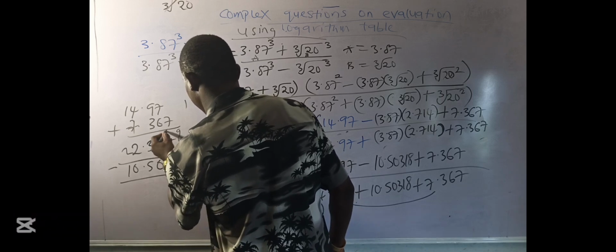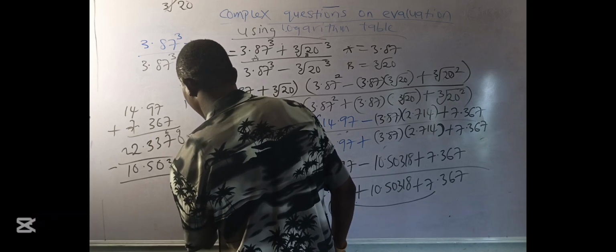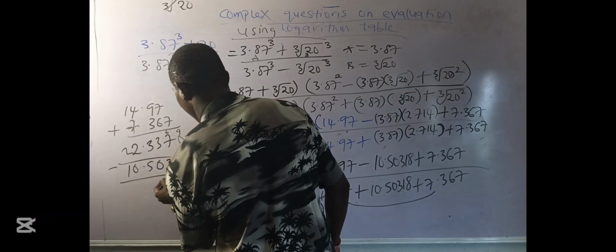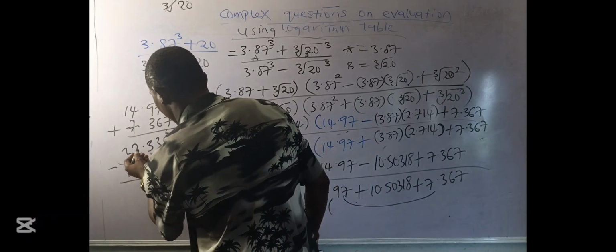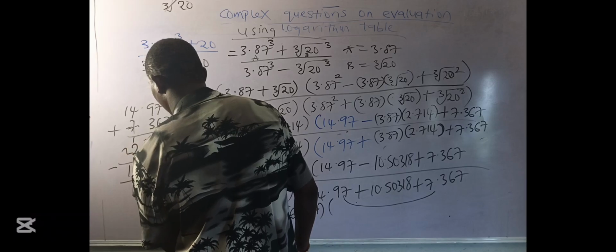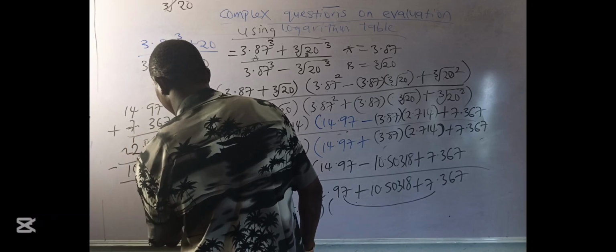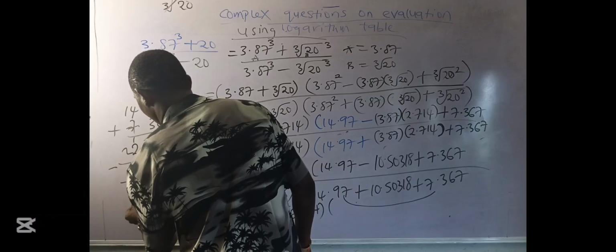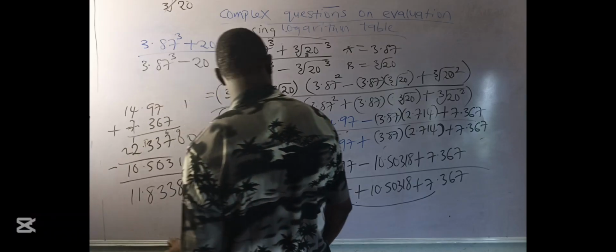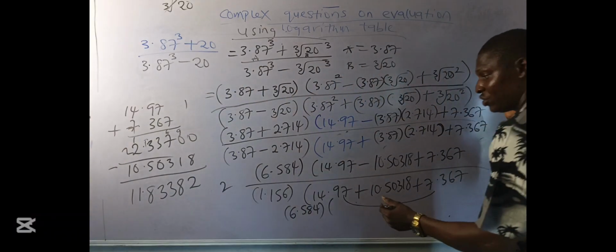This left with 9. This left with 6. 10 minus 8, 2. 9 minus 1, 8. 6 minus 3, 3. This will give me 3. This becomes 1. This becomes 2. 13. 13 minus 5 will give me 8. 1 minus 0, 1. 2 minus 1, 1. So I have this for the final top expression.